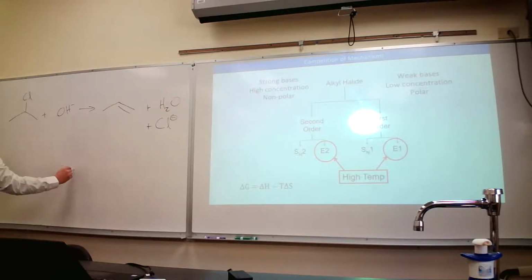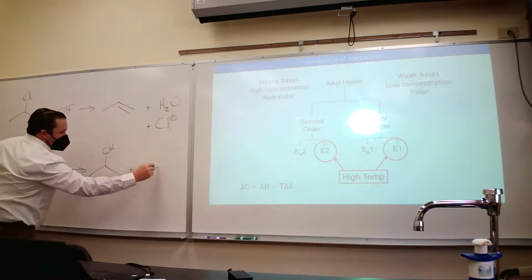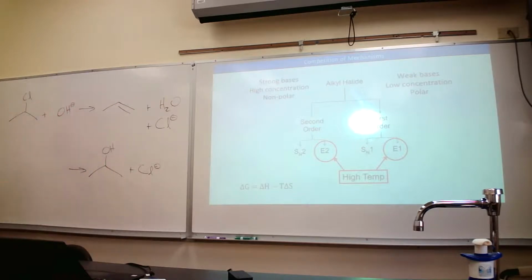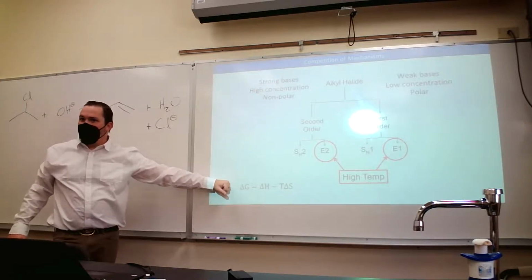If it goes through substitution, we get these products. Why does the temperature favor this pathway? Why does high temperature favor elimination? What's different about these? We can approach it at a general enough level to just look at it here.